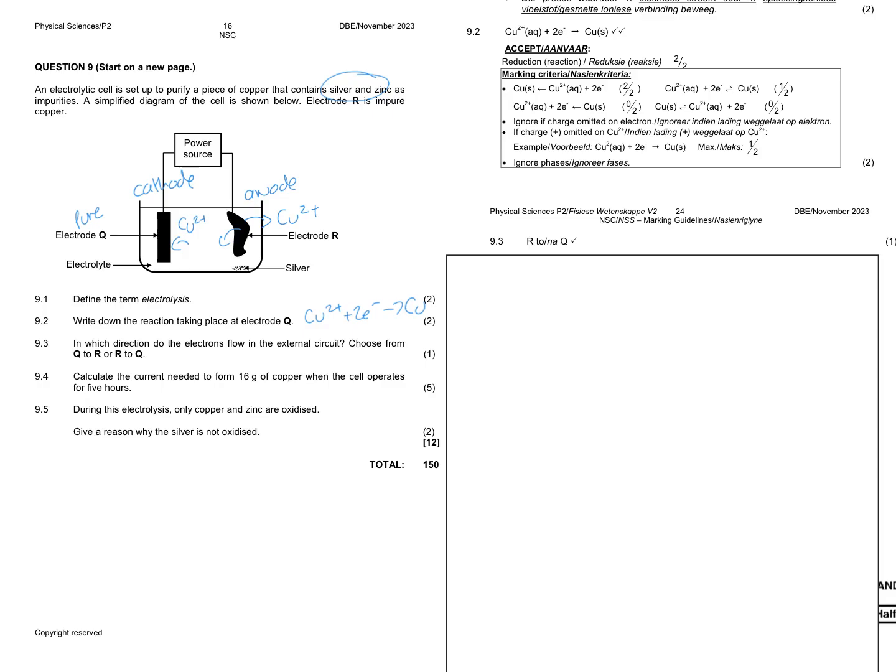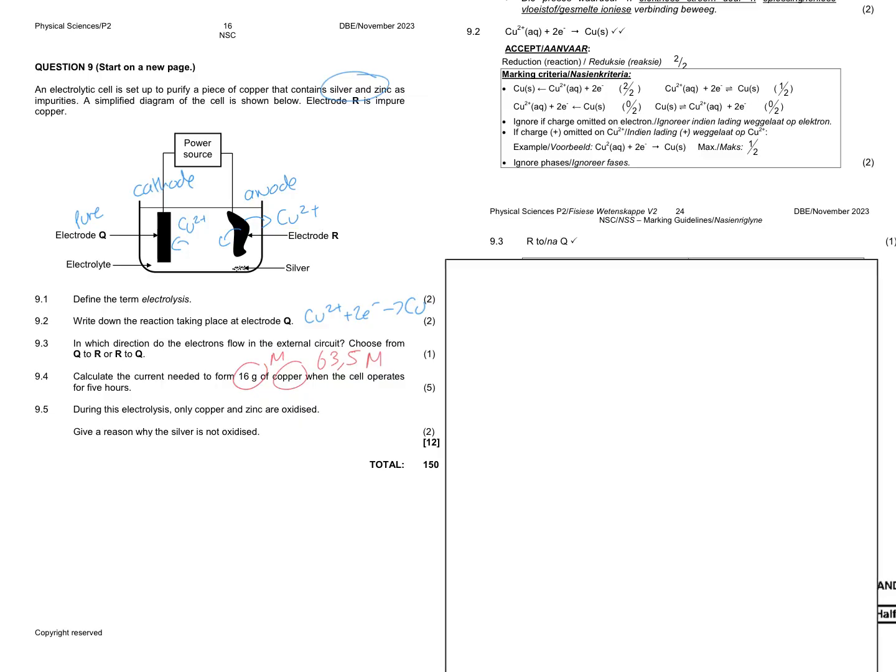9.4 is a stoichiometry question, basically. Calculate the current needed to form 16 grams of copper when the cell operates for 5 hours. So this is a mass, get the molar mass. Copper is 63.5. So we have a mass, we have a molar mass, we can work out the number of moles.